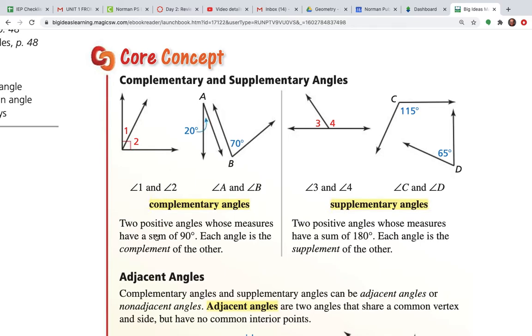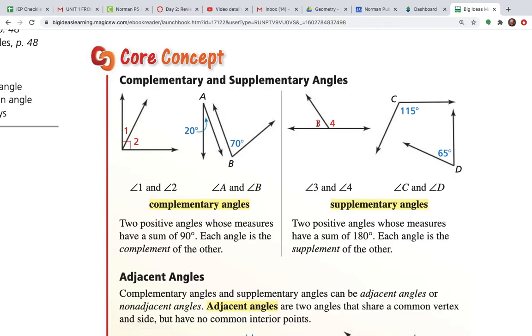Complementary angles add up to be 90 degrees. So angle A and angle B here are complementary because this one's 20, this one's 70. If you add them both together, you get that right angle, right? That angle right here, and you can see the right angle. The two angles with their measures added together equals 90 exactly. Now, so that's complementary angles.